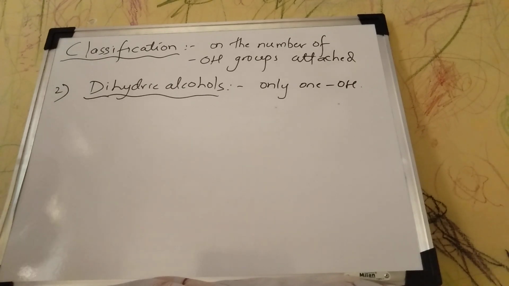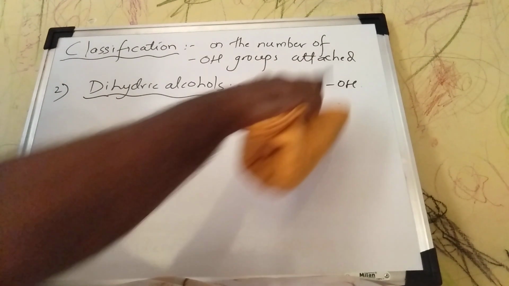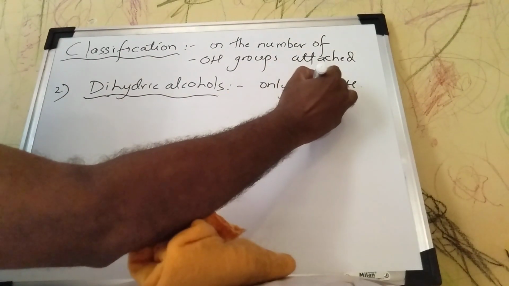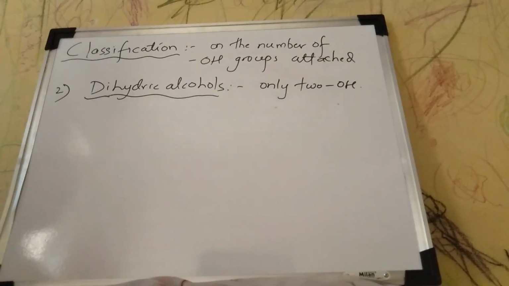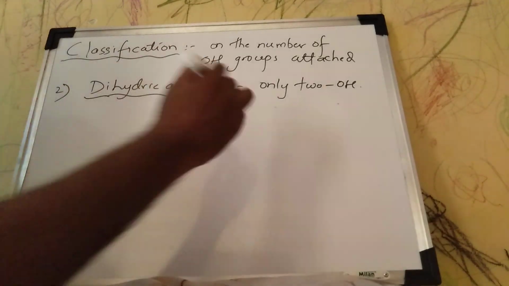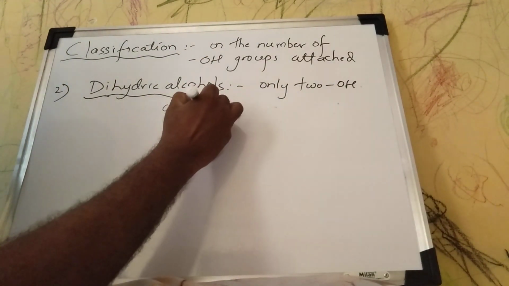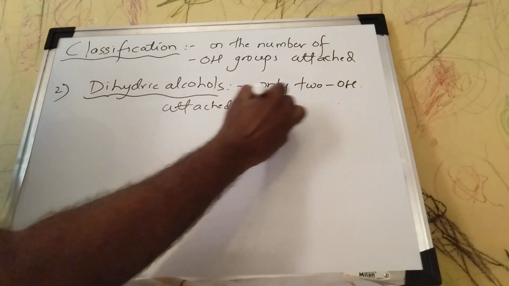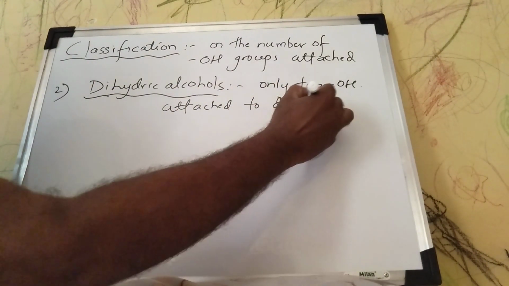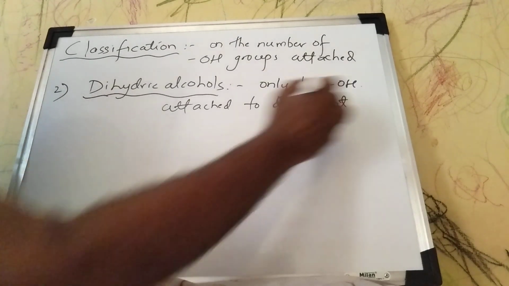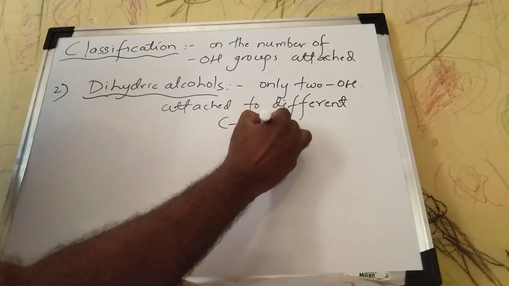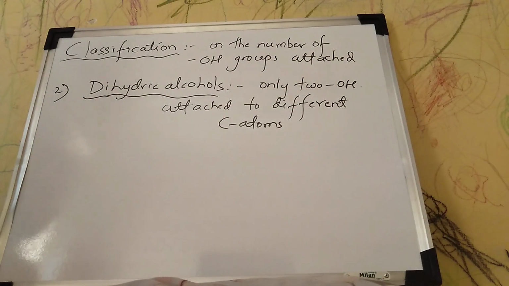Dihydric alcohols: di, the word itself implies, consist of two OH groups attached to different carbon atoms in the same carbon chain.